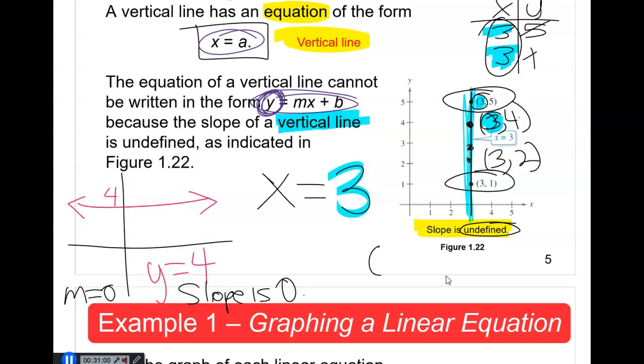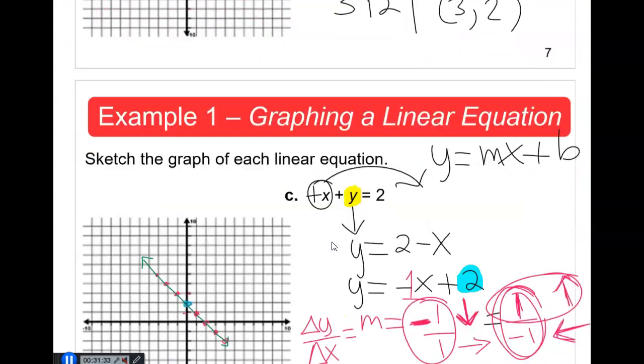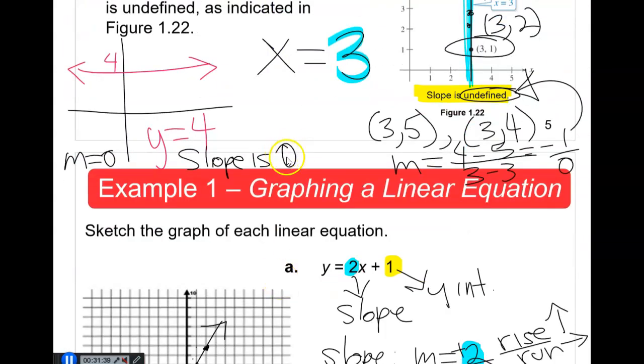If we take the point 3, 5 and the point 3, 4, then when we use the slope formula, it will be the y values 4 minus 5, and for the x values, 3 minus 3, which will give us -1 over 0, and this is undefined. So for all vertical lines, the slope is undefined. And for all horizontal lines, the slope is equal to 0.